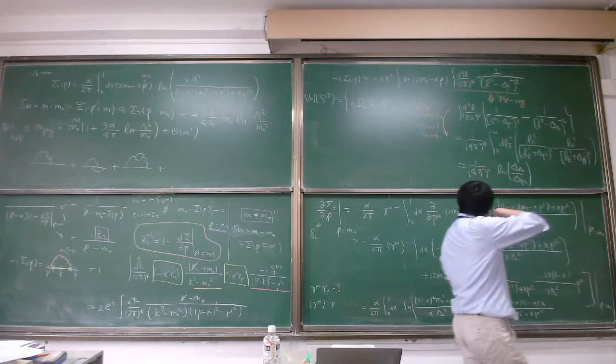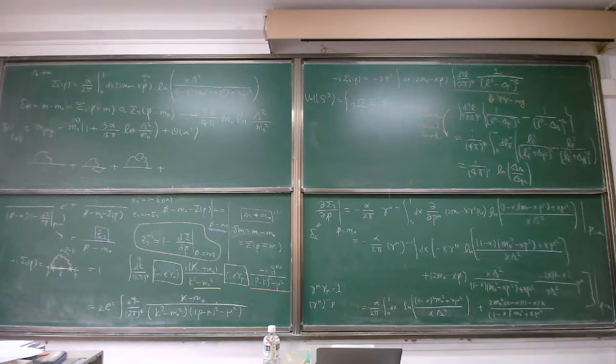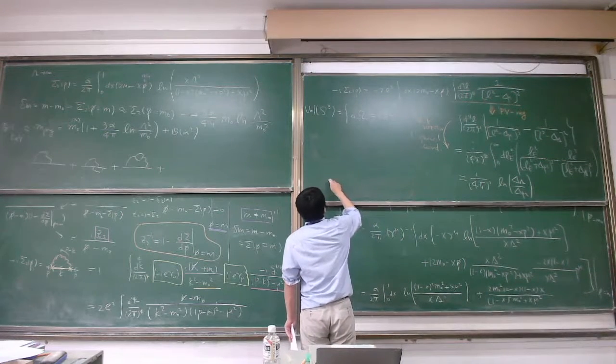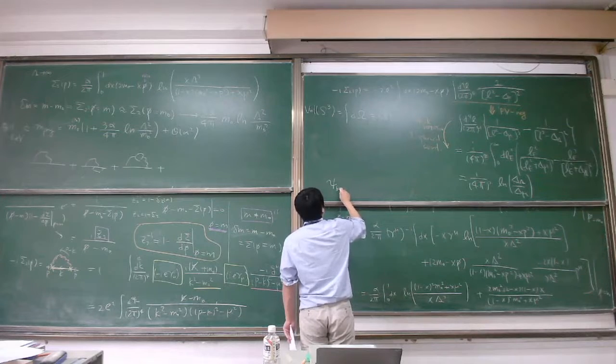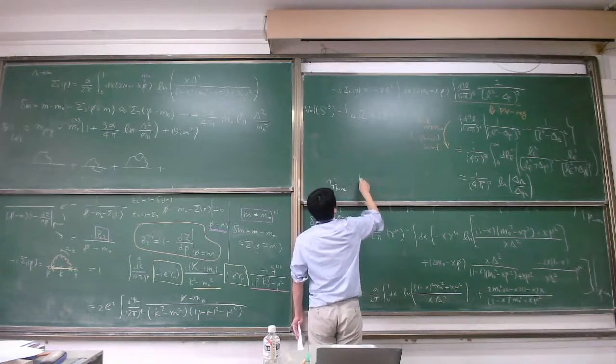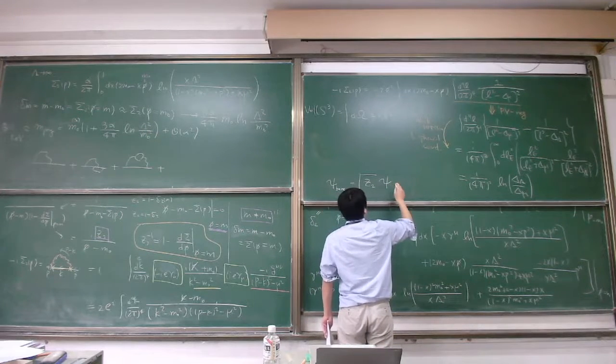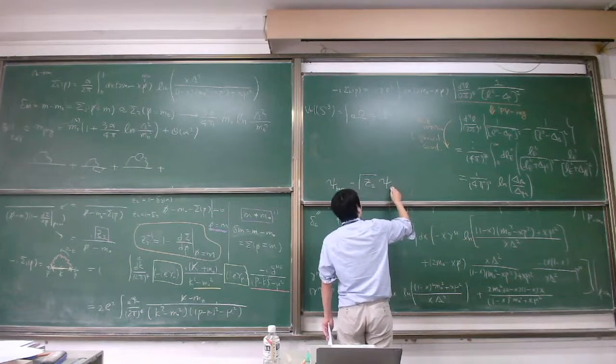Okay, so this is the second version. So as I mentioned, here what we need to do is you have a bare Dirac field, and to get the physical Dirac field, you have to renormalize this way.